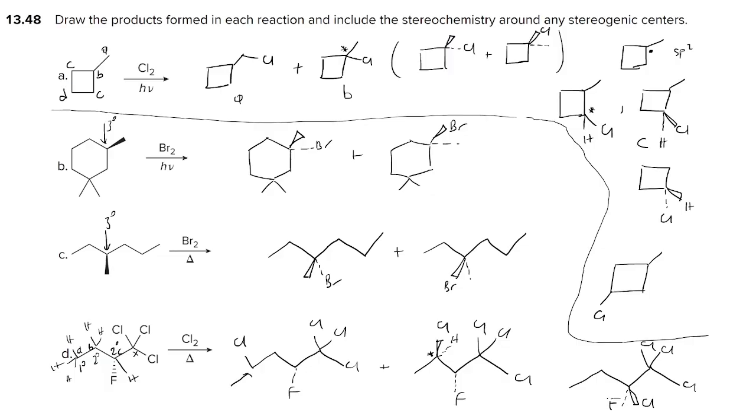Since the radical intermediate is going to be planar, for the other stereoisomer you just flip the fluorine with the chlorine position, and basically we will have two stereoisomers from here and two stereoisomers from here. We don't have any stereoisomer from the first position because the chlorine-substituted carbon is achiral.